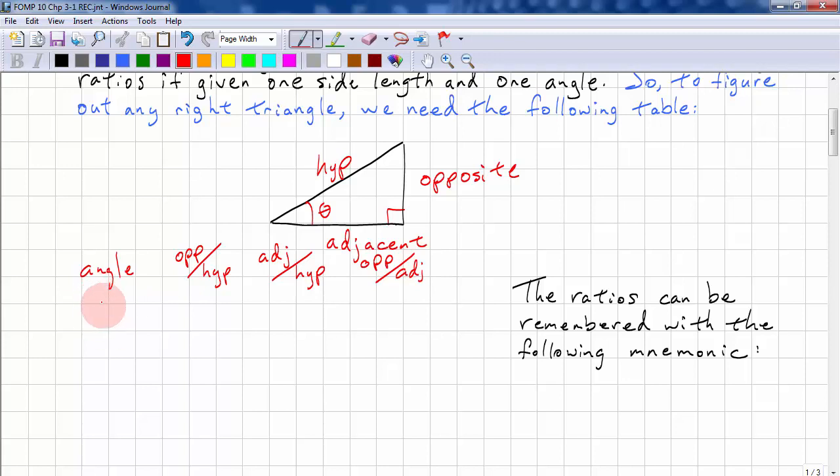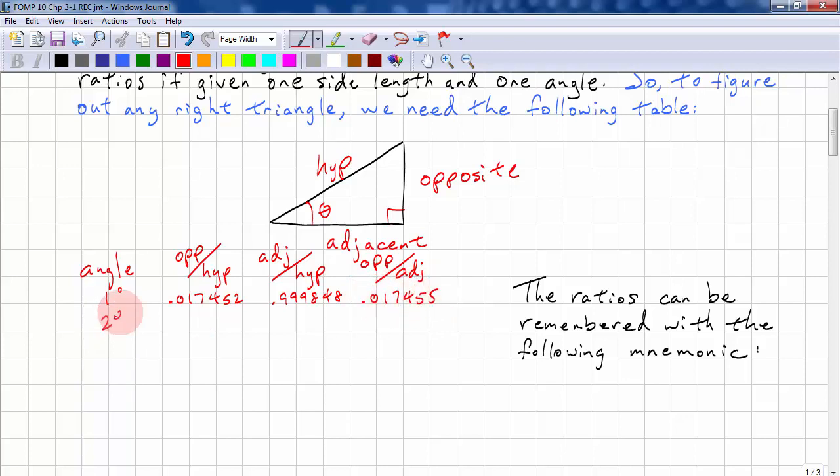So if the angle is 1 degree, we have 0.017452, 0.999848, 0.017455.